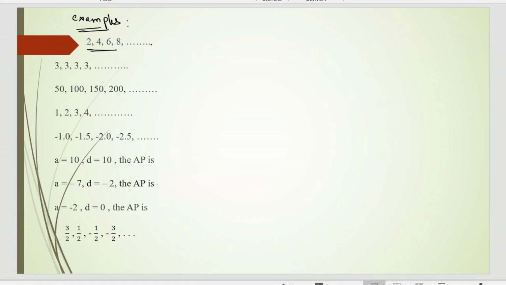The first term is 2. And what is the common difference? Common difference is 4 minus 2 is 2. 6 minus 4 is 2. 8 minus 6 is 2. The common difference is constant. So it is an AP.